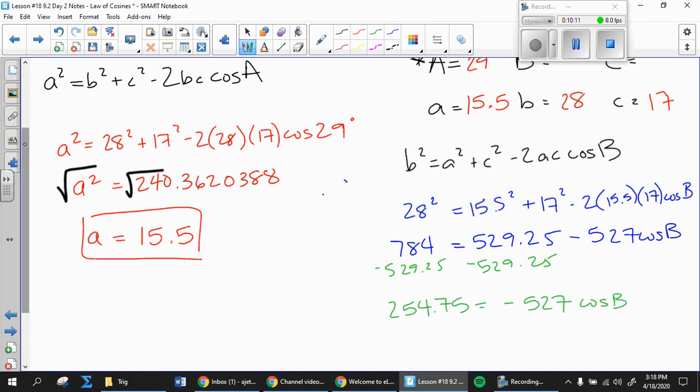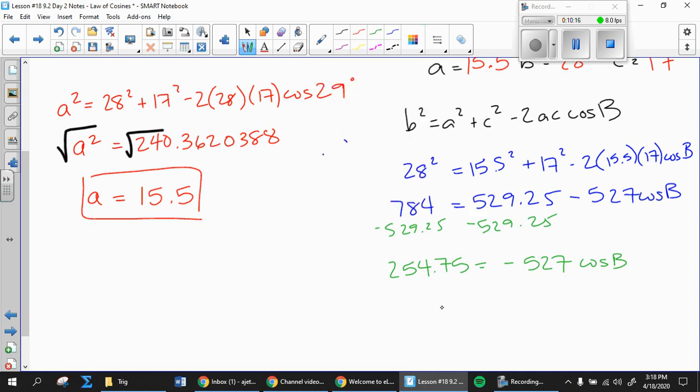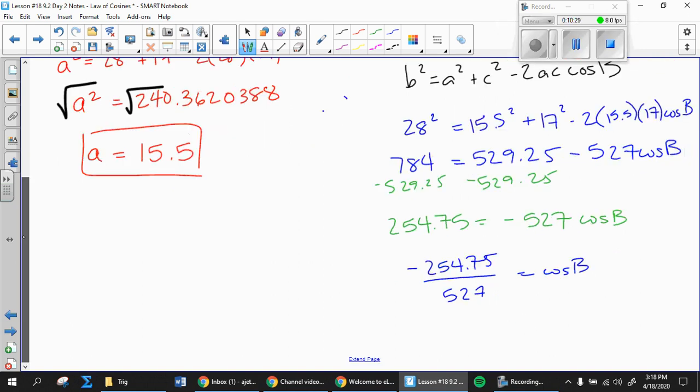Next step, divide both sides. So I'm going to get negative 254.75 divided by 527 equals cosine B. Now remember from SOHCAHTOA, how do I get B by itself here? The way we get rid of that cosine is we take the inverse cosine of this entire thing, negative 254.75 over 527.